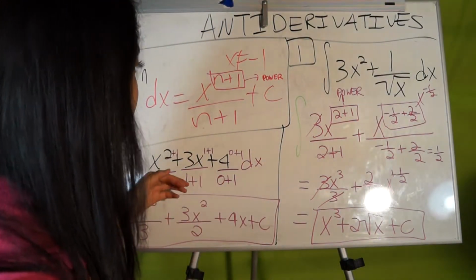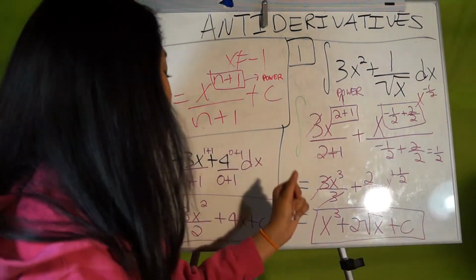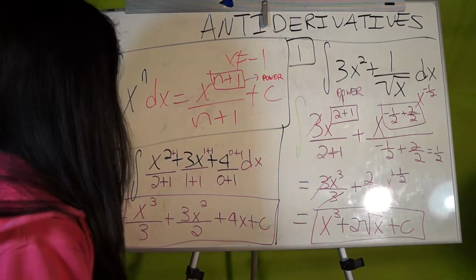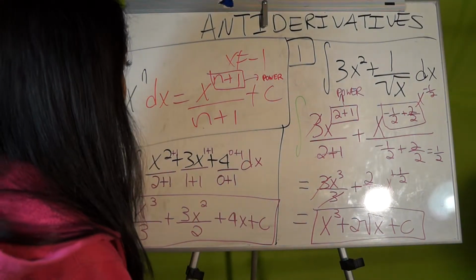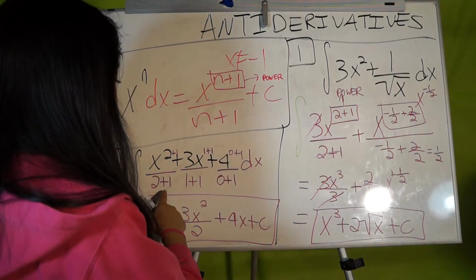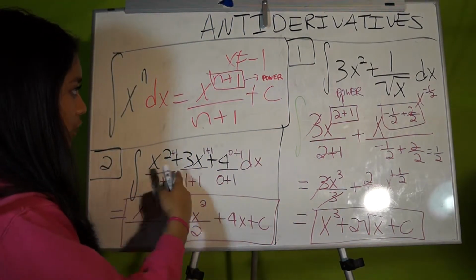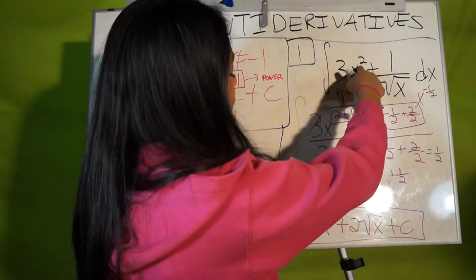So what we did was, when you take an antiderivative, for example, let's start off with number 1. We have 3x squared.